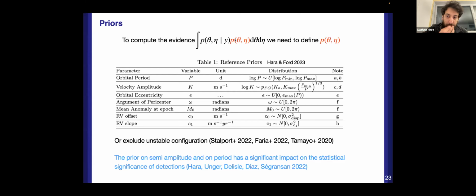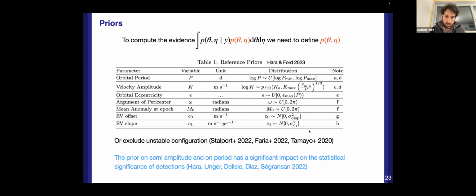It's in the supplemental appendix, where he discussed the pros and cons of each different prior. There is another emerging trend, which is to exclude unstable planetary configurations, because you know from physics, even before looking at the data, that certain configurations cannot have a lifetime which is too small to be observed in practice.